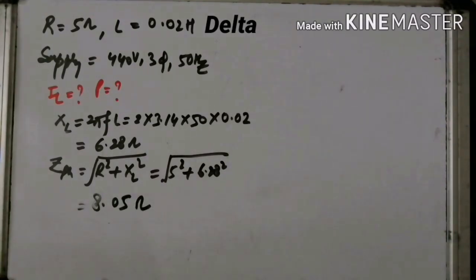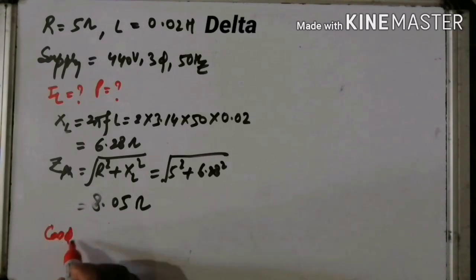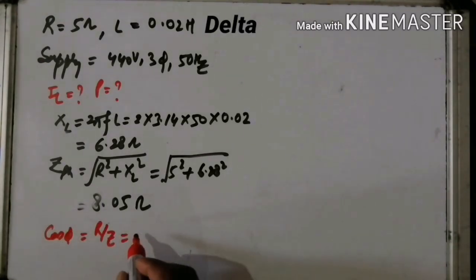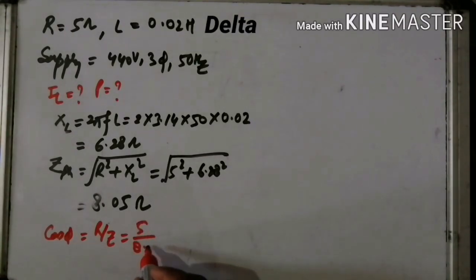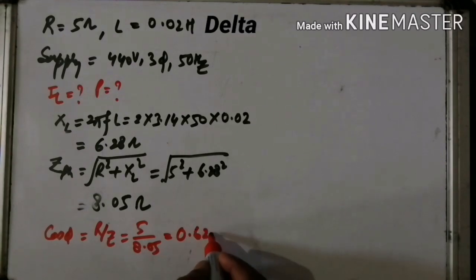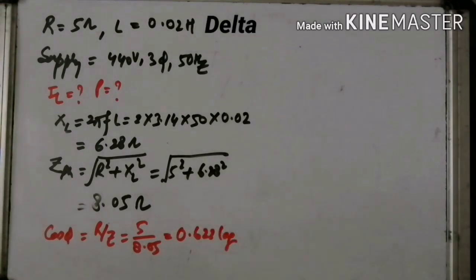Now we can calculate power factor, that is cos phi, which is R upon Z. R is 5, Z is 8.05, and it is 0.622 lagging. This is the value of power factor.